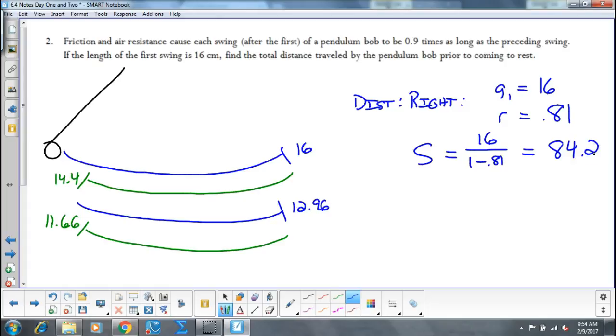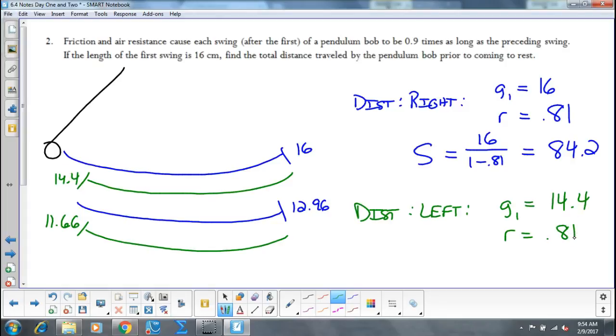Okay. Then let's go distance to the left. What's my first term? 14.4. What's my R value? 0.81. It's the same, right?